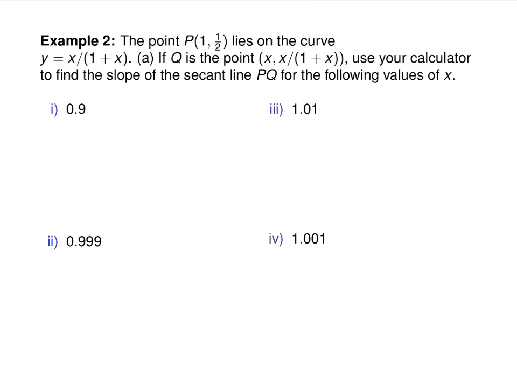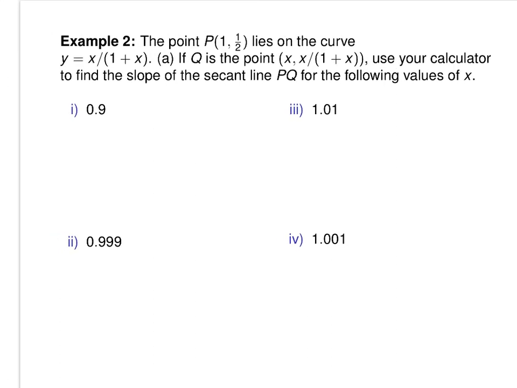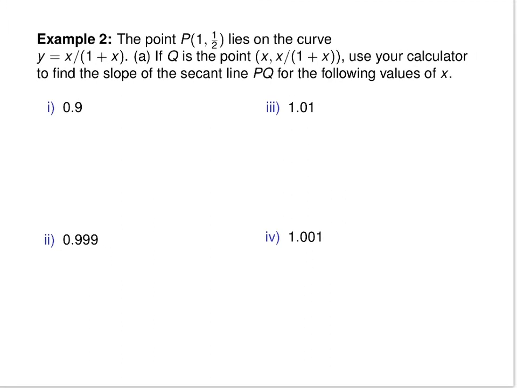So you have some point P, that's the point 1, 2, that lies on this curve x over 1 plus x. So I want you to find the slope of the secant lines if your x's are 0.9 and 1.01.